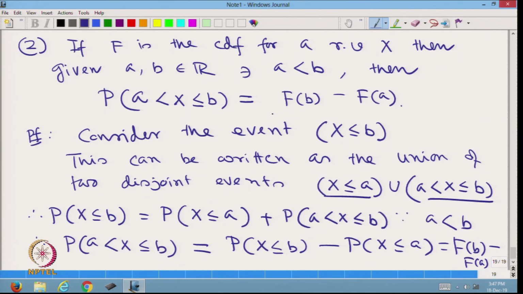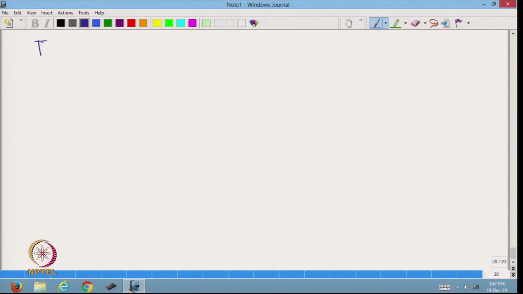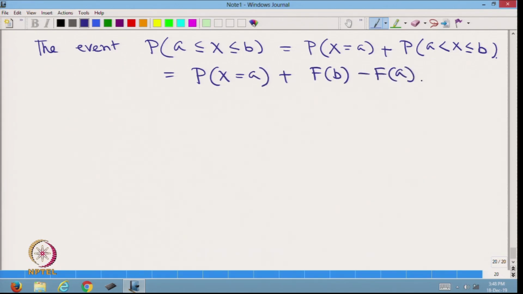So, that proves this result. Therefore, the event probability a less than or equal to x less than or equal to b is equal to probability x is equal to a plus probability a less than x less than or equal to b, which is equal to probability x is equal to a plus F(b) minus F(a).